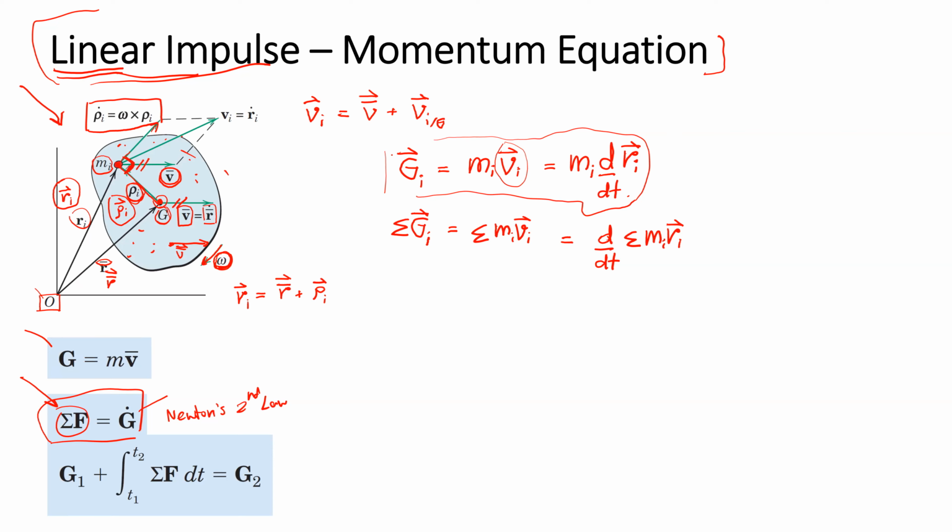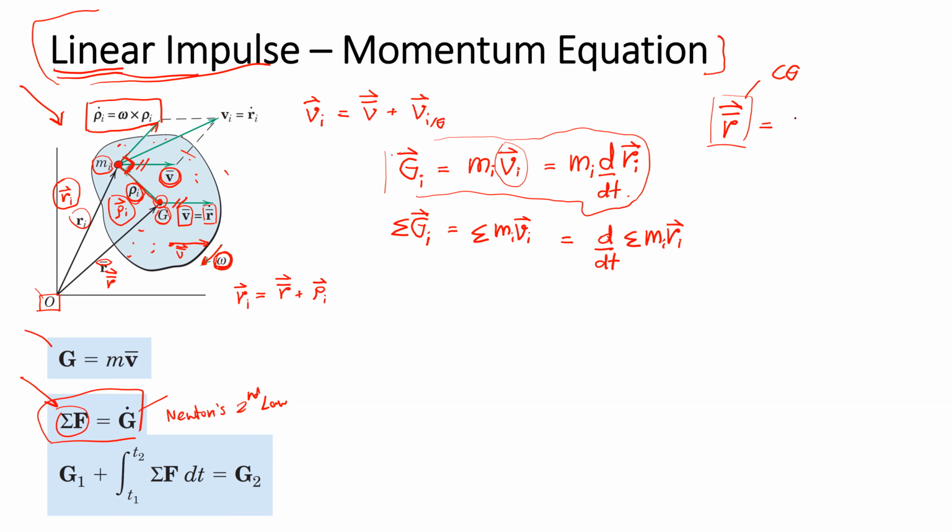And by the definition of the r bar vector, r bar vector is the position of the center of gravity.